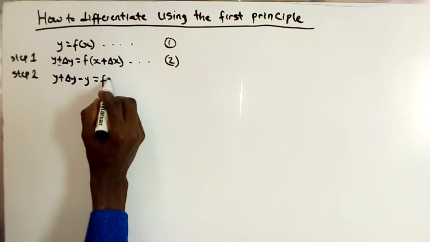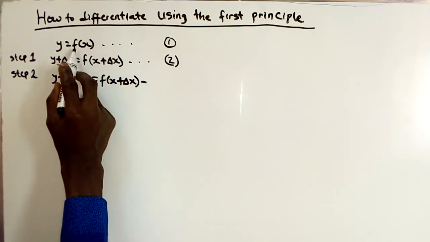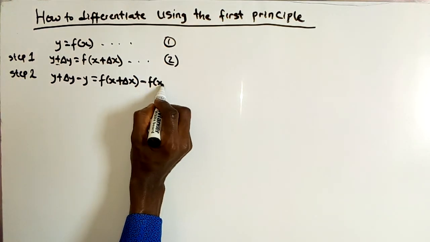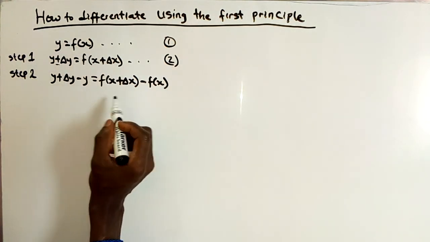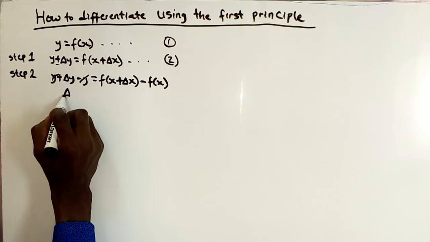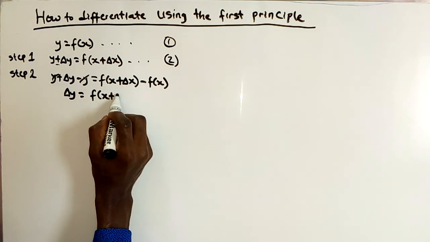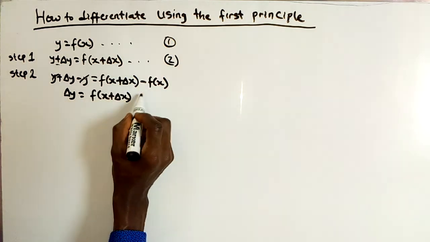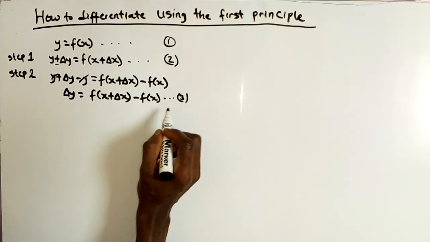So it's going to be f of s plus changing s minus f of s. You subtract equation 1 from equation 2, so it will give us this. Now, y and minus y can cancel, so that we are left with changing y is equal to f of s plus changing s and minus f of s. Now, we can call this one our equation 3.